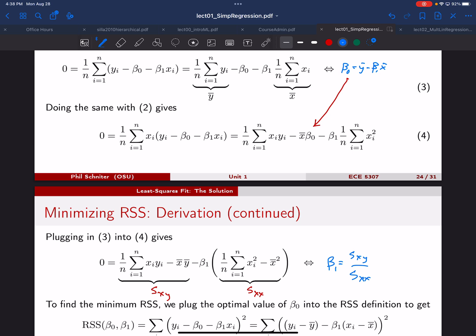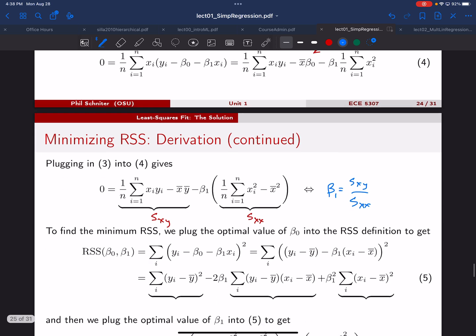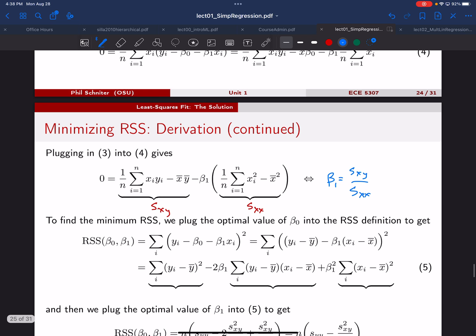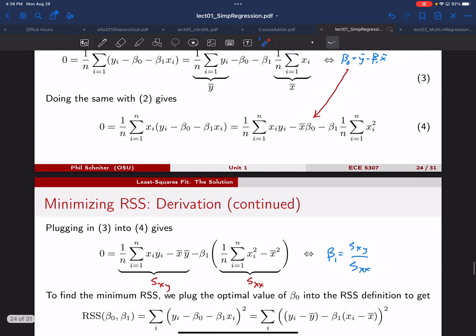Okay, so there's something else we can derive too, which is the minimum value of the RSS. So we know how to minimize it, but we might want to know what is the actual minimum value we get. So to do that, we can start with the RSS expression and plug in our beta 0 expression from here.